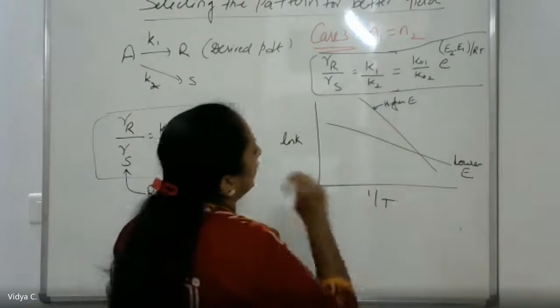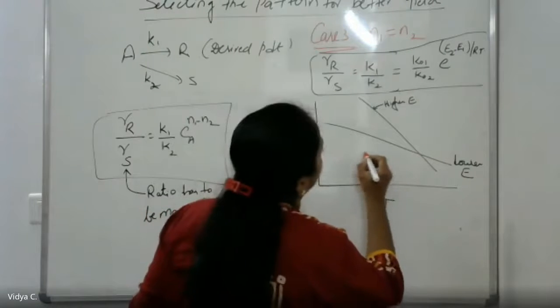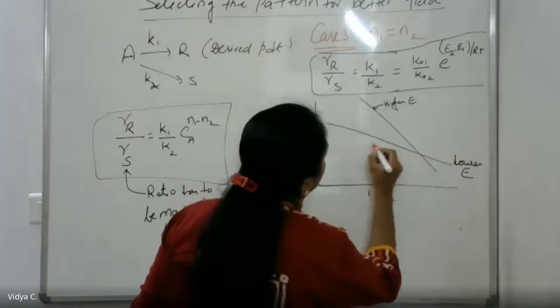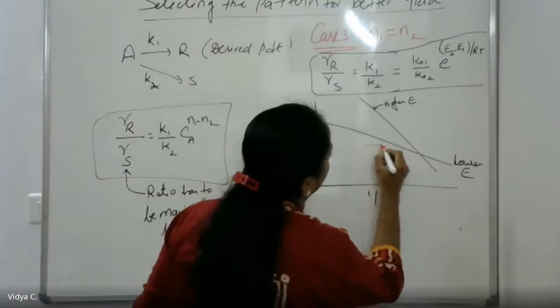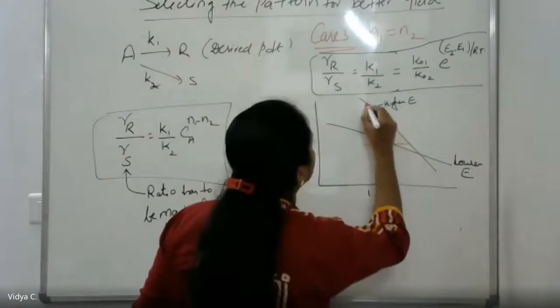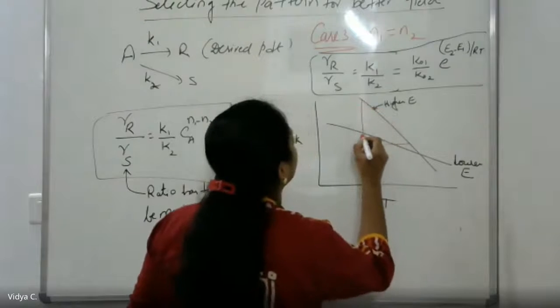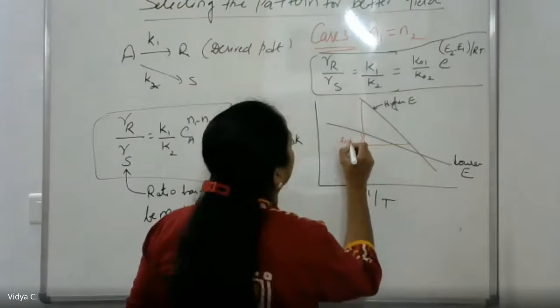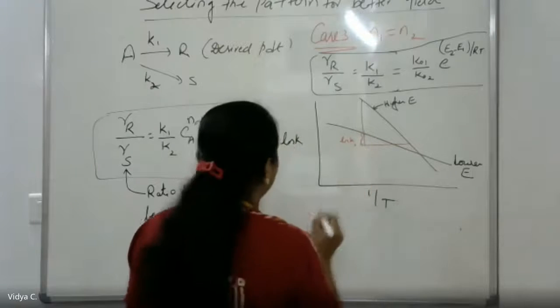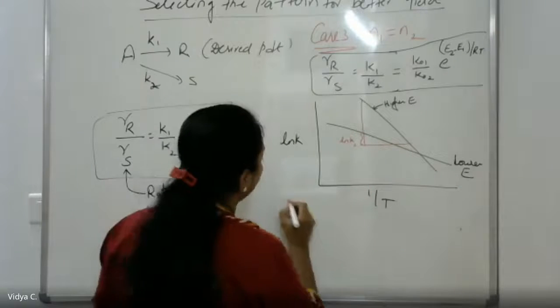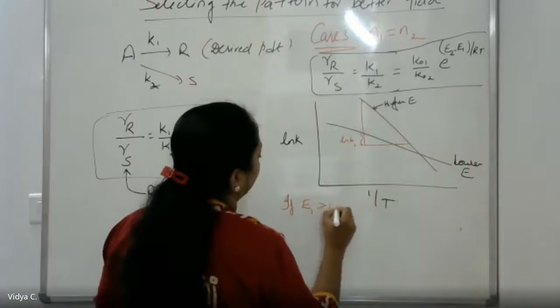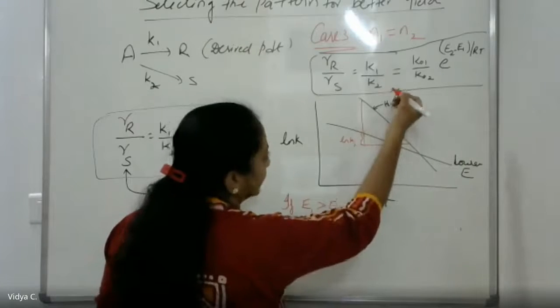Okay. So now at some point, let me take a line where I can get the ln K values for both. If I take this point, this will be ln K. If E1 is greater than E2, this will be your E1.